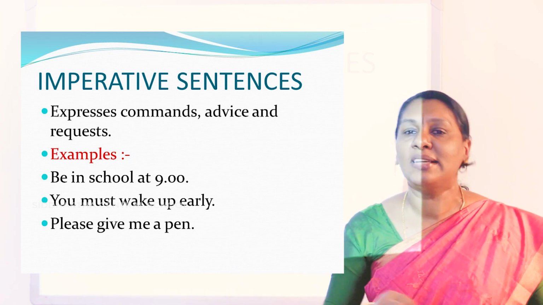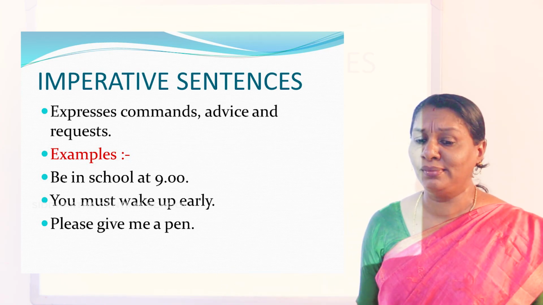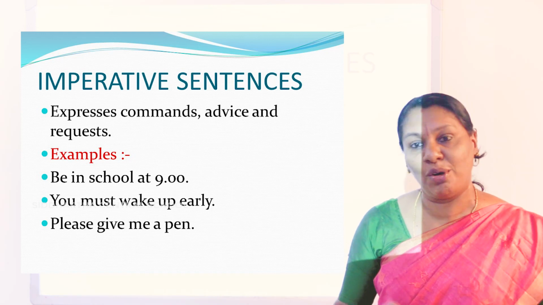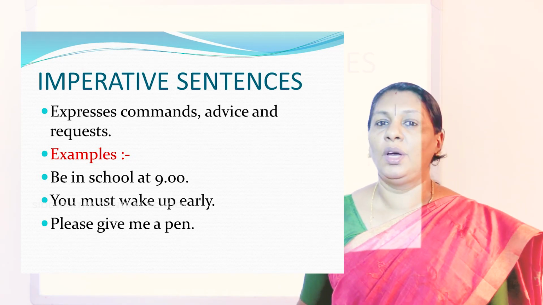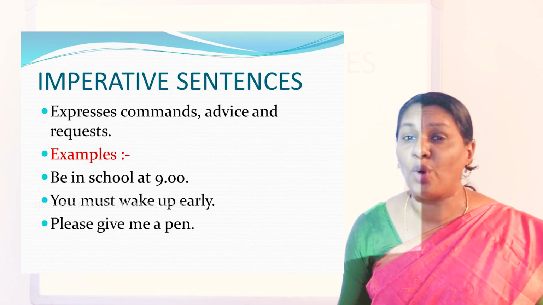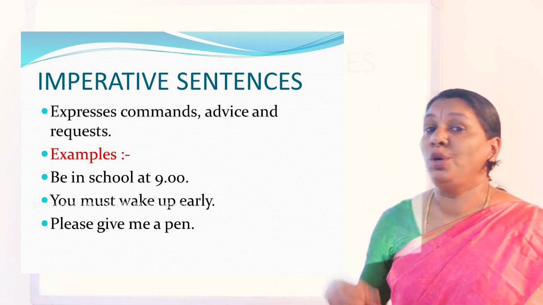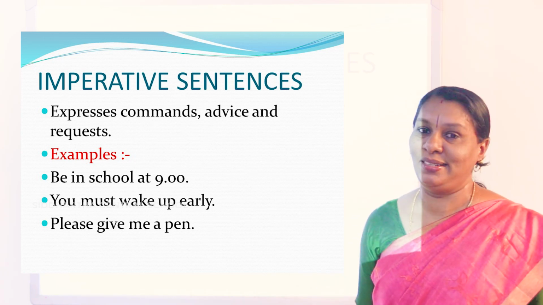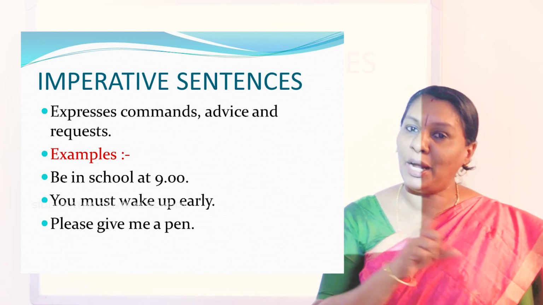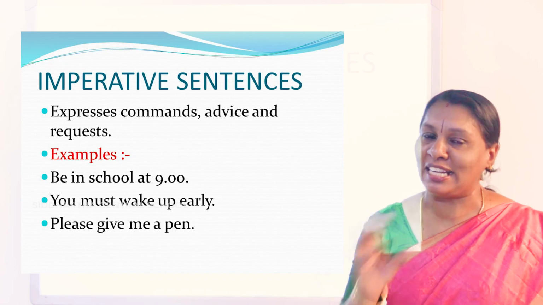Somehow, you got into the class and settled. You took all your books, you are ready to write. You didn't take your pouch. You don't have a pen to write. What will you do? You asked your friend. You requested, please give me a pen. That was the request made by you to your friend for getting a pen.